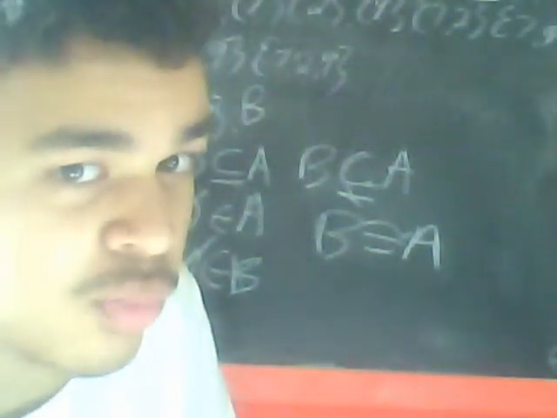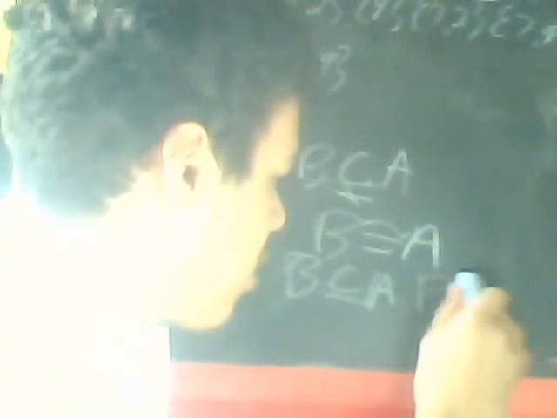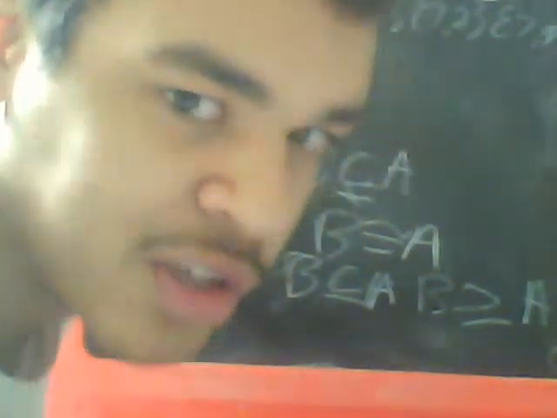If B is a subset of A and B is also a superset of and equal to A, that stands to reason that they're the exact same thing, because there's really no way you can be a subset and a superset of the exact same set. That would mean that they're the exact same thing.